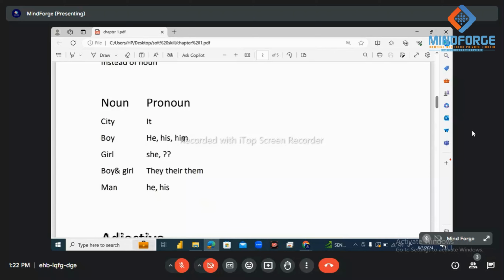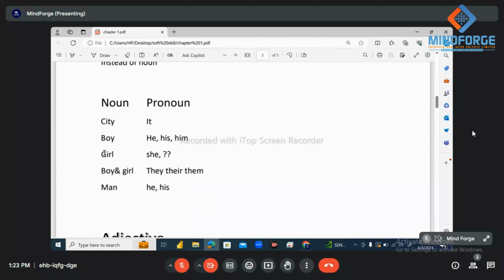Okay, then I ask him about the party, right? I ask him about the movie. Like this, you can see I have used different kinds of pronouns in different sentences. Likewise, you should be using this in your daily life, okay? So he, his, and him are used for the noun boy, okay?